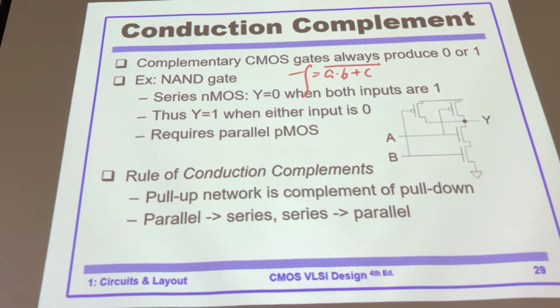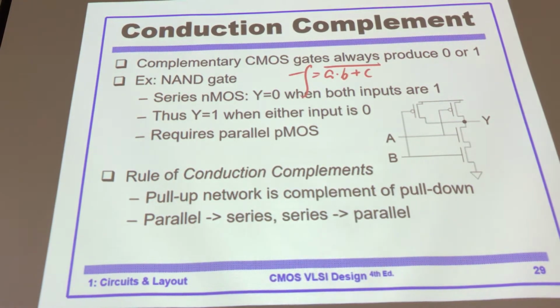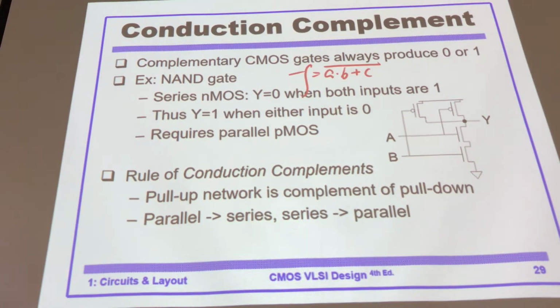What should that be? Let's start from the pull-down network, the NMOS transistors, because it's a Boolean function, a and b or c. The bar means that if this is true, you get 0. When these transistor networks are on, you connect to ground. That's the pull-down network, right?